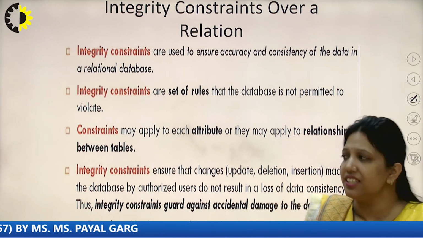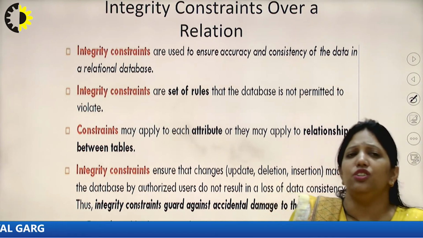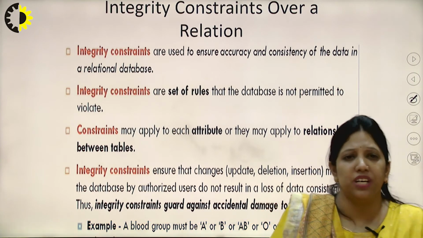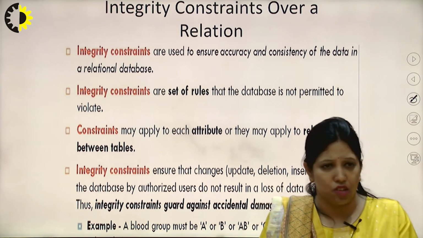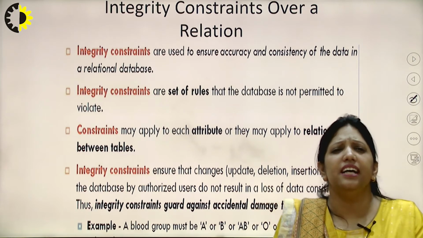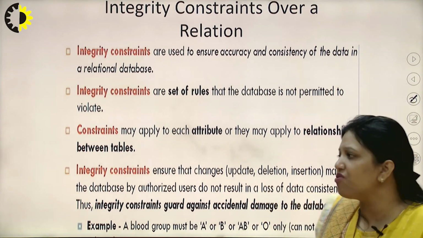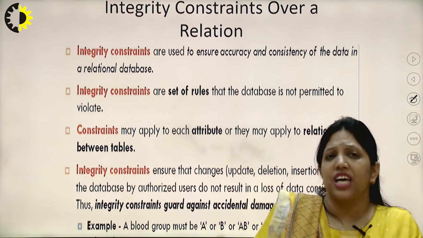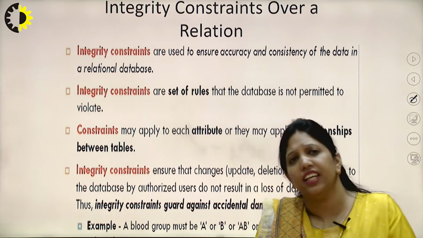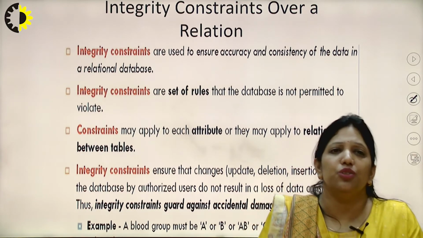If an unauthorized user makes any update, deletion, or insertion, there is a chance of loss of data consistency. So integrity constraints guard against accidental damage to the database. That's why we impose certain constraints on any relation. The constraints are checked whenever we make any update, deletion, or insertion, to guard against accidental changes to the database.